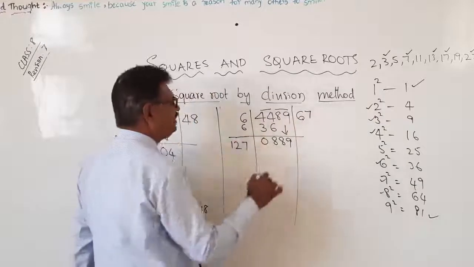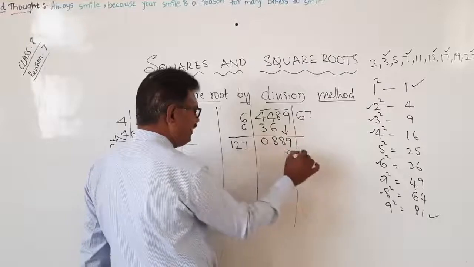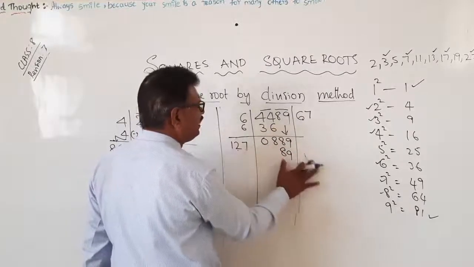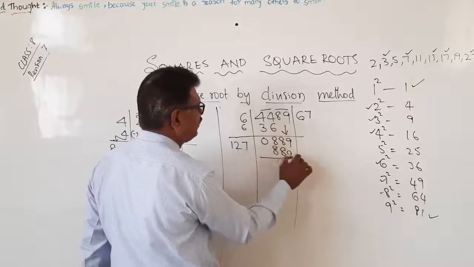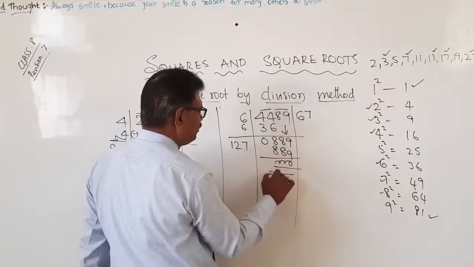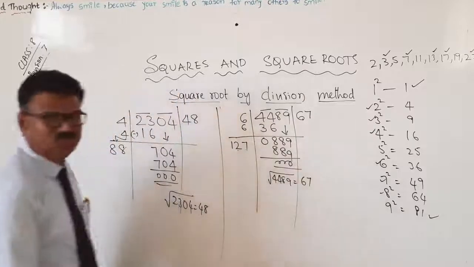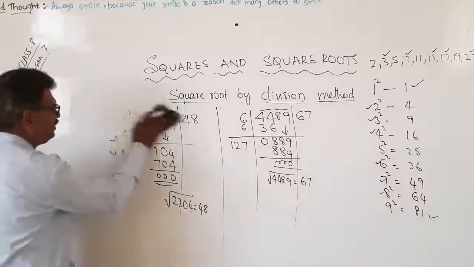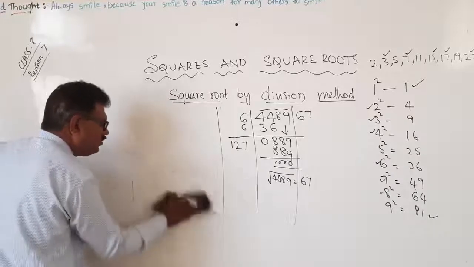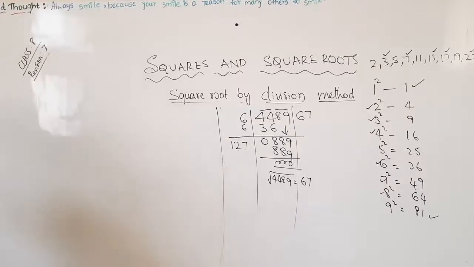Here also 7. 7 7s are 49. 7 2s are 14. 14 plus 4, 18. 1. 7 into 1 is 7. 7 plus 1 is 8. Over. Yes. Therefore, square root of 4489 is 67. Okay? Very simple, no? Again, if you do 4 to 5 problems, then you will understand, very simple.